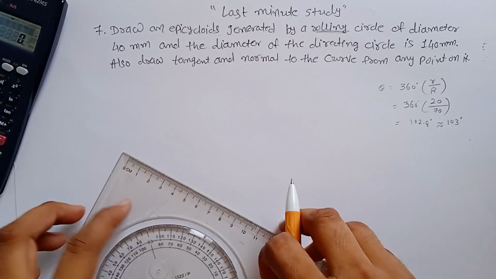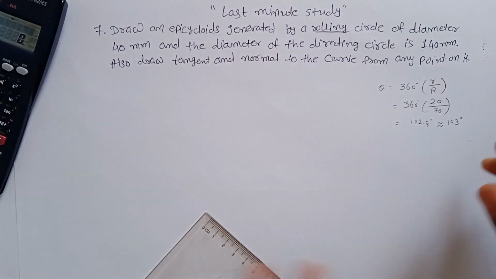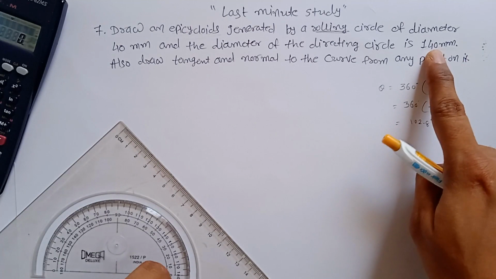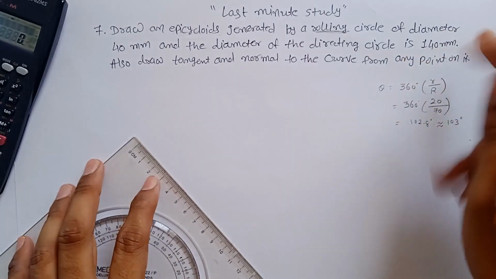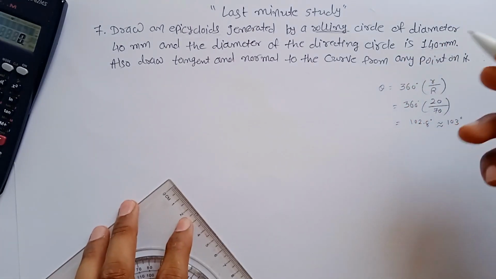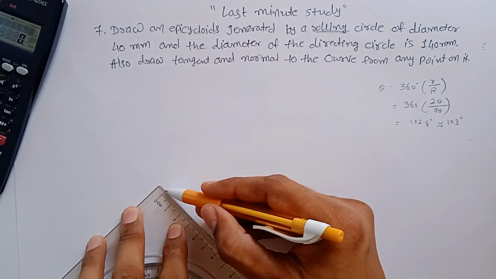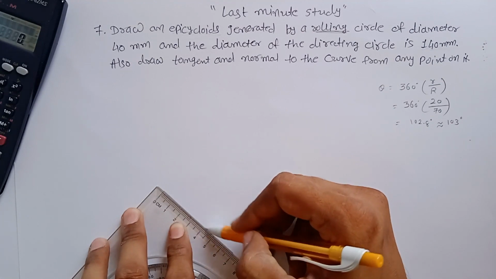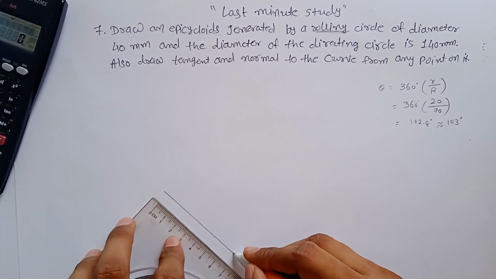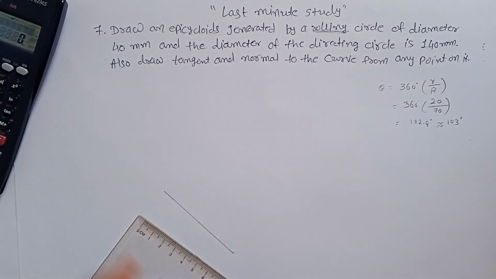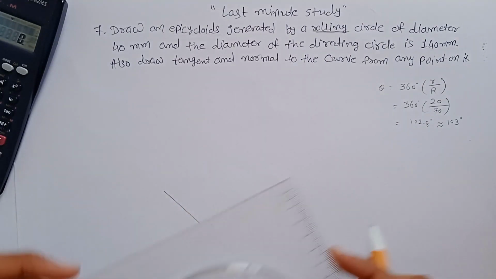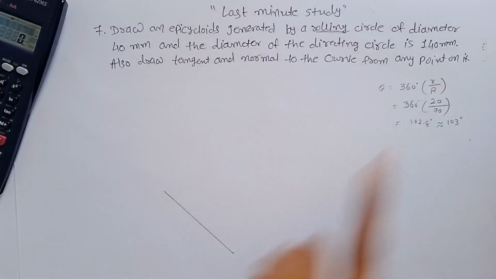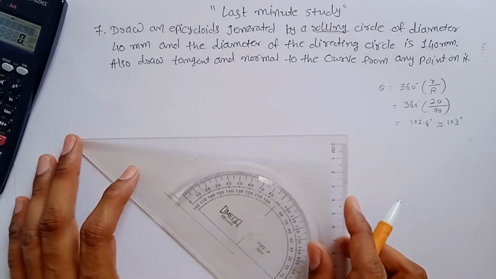Using this data, first of all you have to construct a line equal to the radius of the directing circle, which is 7 centimeter. You can take any random line, at any angle, no issue, but the length is 7 centimeter, which is the 140 mm directing circle radius.